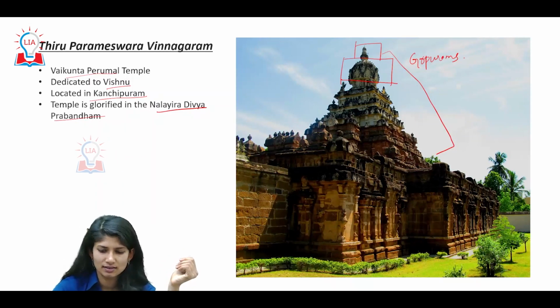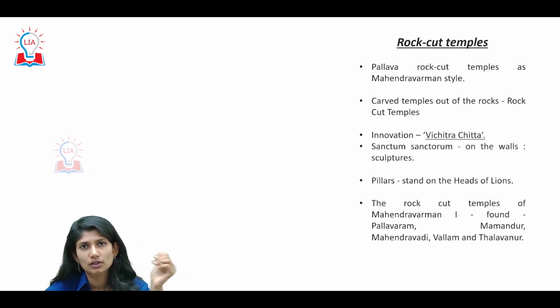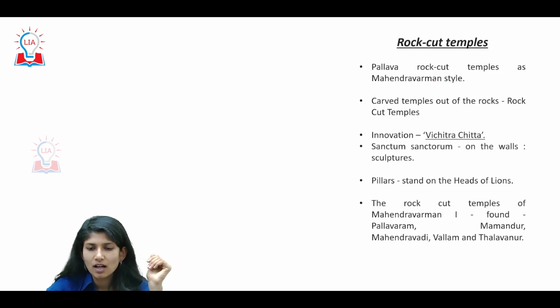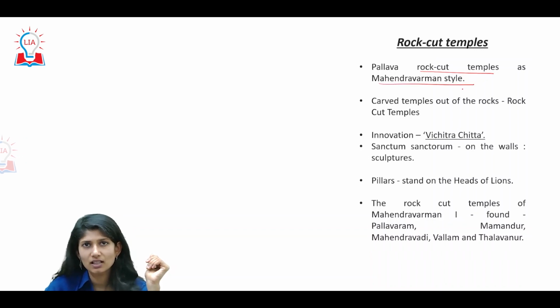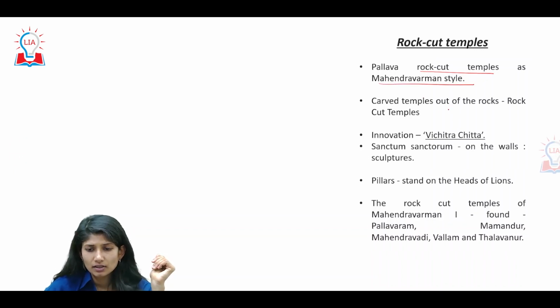Next, look at this. We'll have a look at rock cut temples. Pallava rock cut temples are also known as the Mahendravarman style. As the name states, a rock cut temple is carved out of rocks. The innovation in this period was Vichitra Chitta, which Mahendravarman was also called.